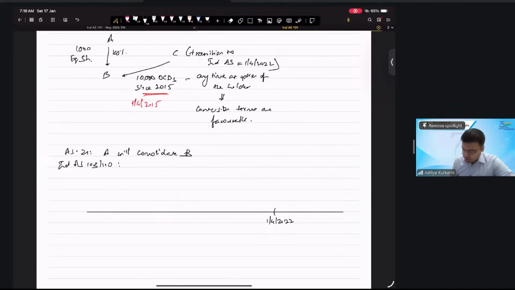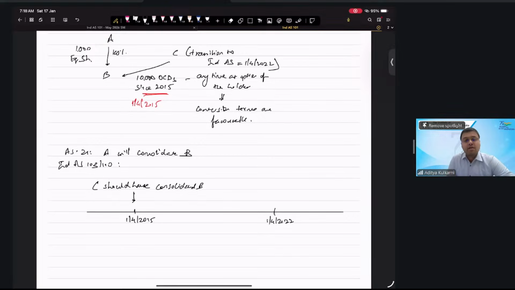1st April 2022, 1st April 2015. On this date, C should have consolidated B. Did it do that? No. Why did it not do so? Because the framework itself was not applicable.